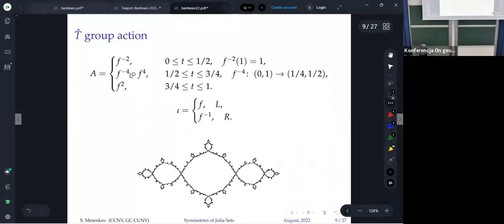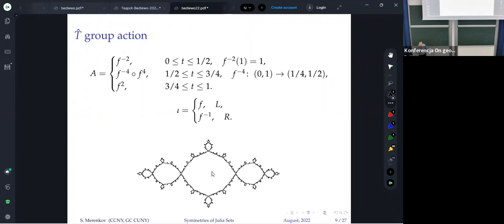As you can see, I only take even powers here, 2, -4, 2, because this group action fixes this big Fatou component, and I need to go to the even power so that I actually come back. f² fixes this Fatou component, and in the Böttcher coordinate, it's just z squared.